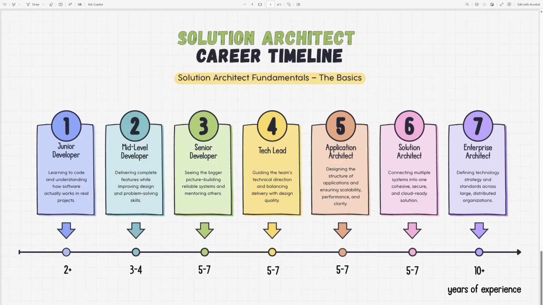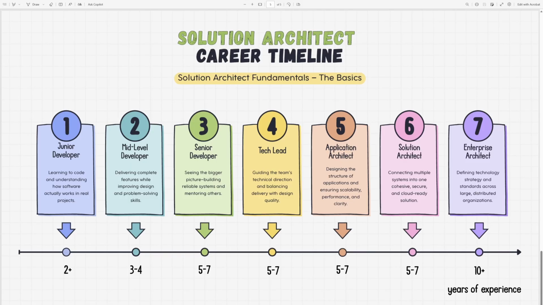It can be faster or slower depending on your environment, your motivation, and the kind of projects you work on. The key takeaway isn't the years. It's the mindset and responsibilities that evolve as you move from writing code to designing systems. So, let me walk you through how this typically plays out in practice.